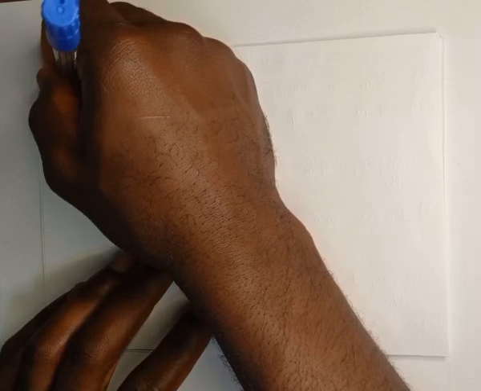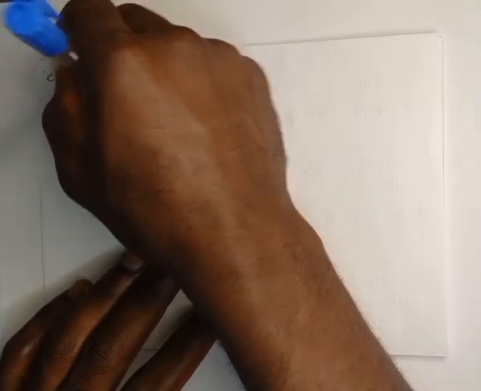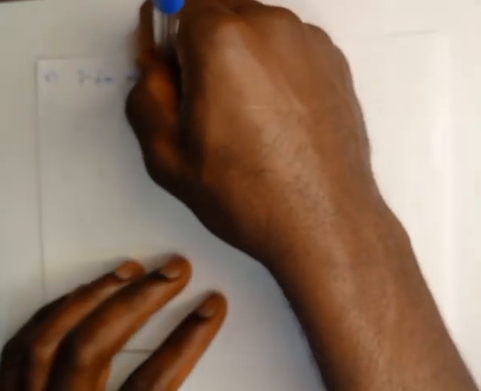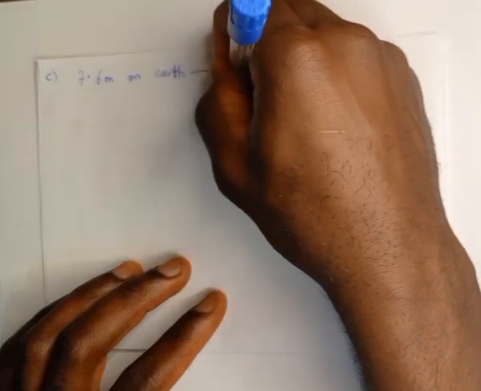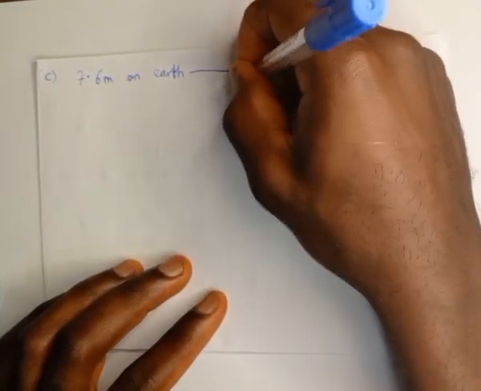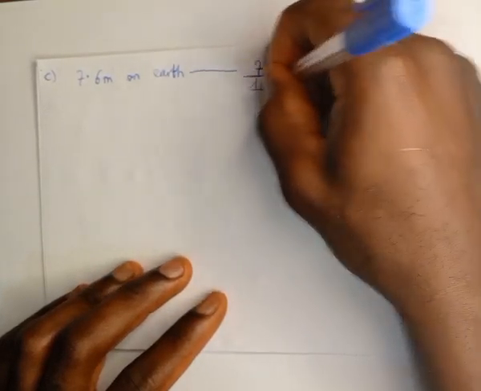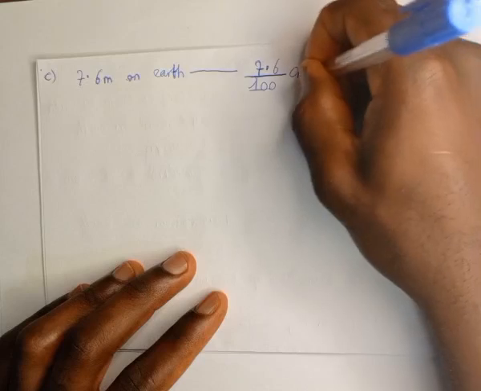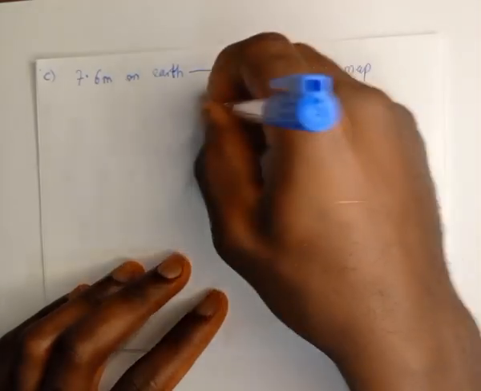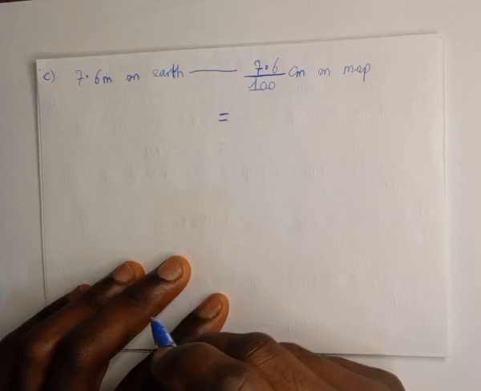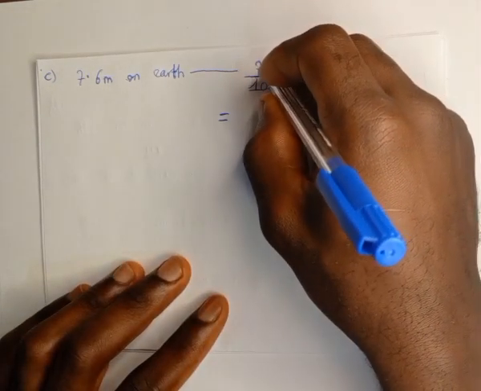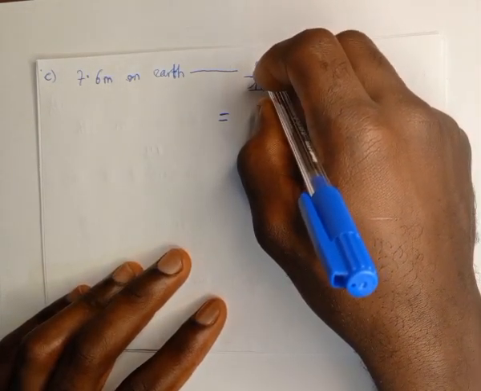We go now to question C. We have to find the length represented by 7.6 meters on the map. 7.6 meters on Earth will simply be equivalent to 7.6. We're going to divide the value 7.6 by 100. The unit will be centimeters on map. And this will simply be equal to 7.6 divided by 100, we're going to take this decimal point 2 places to the left.